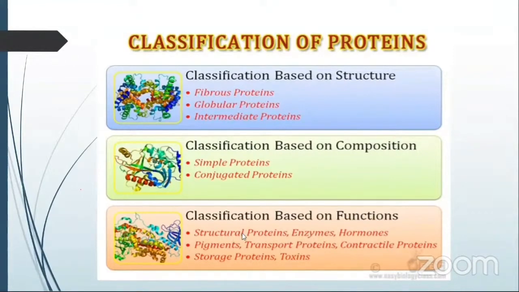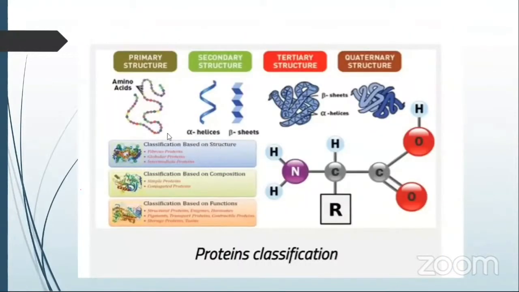It covers the structural proteins, the enzymes and hormones, the pigments, the transport proteins, the storage proteins, and the toxins. So this is how the classification of protein based on the structure analysis will be carried out. So this is how it works.